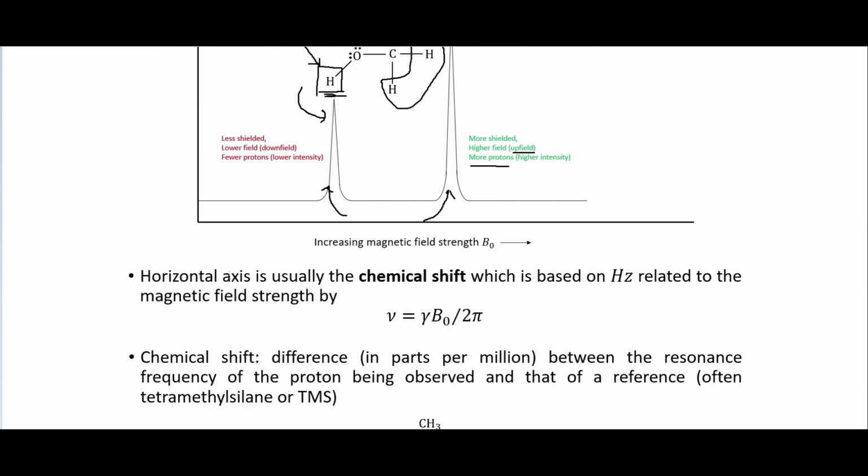The horizontal axis here is called the chemical shift, because we are looking at the shift based on the chemical environment of that proton, and this is based on the frequency, so the hertz, related to the magnetic field strength by this right here, where we have the magnetic field strength right there.